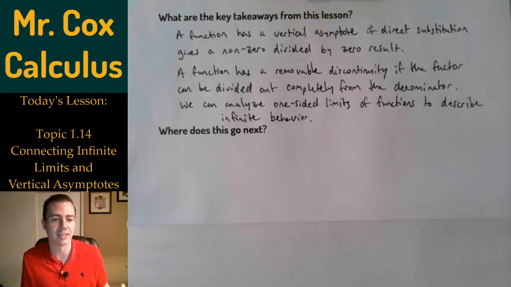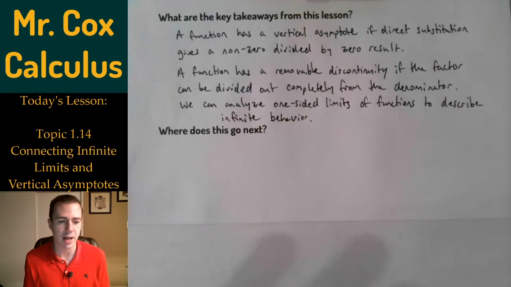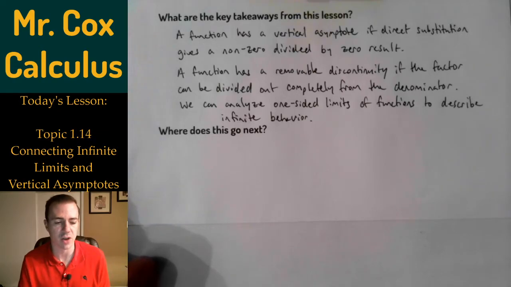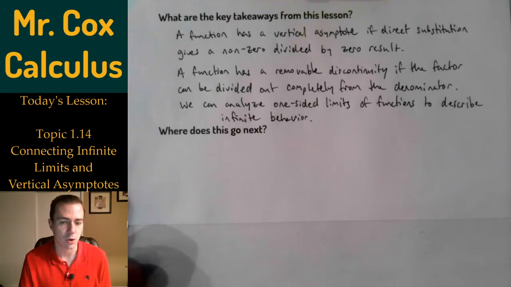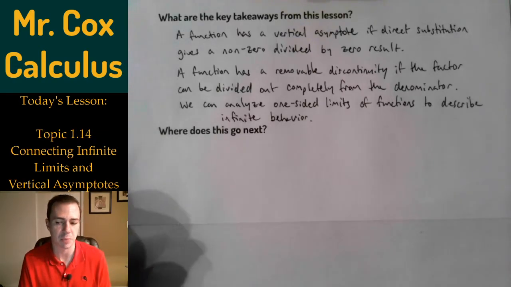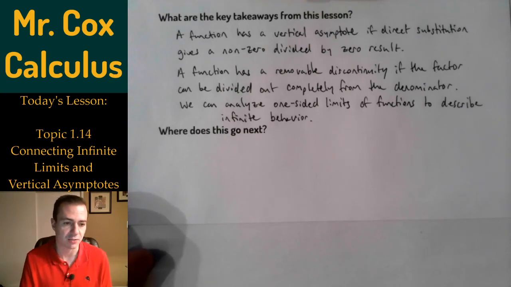In fact, the limit does not exist at that particular value. But we can analyze from the left and the right whether the function is growing unbounded towards positive infinity or towards negative infinity. And that requires just a little bit of analysis of the function at that particular value in order for us to describe that behavior with either positive or negative infinity.